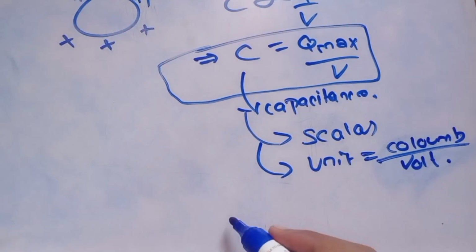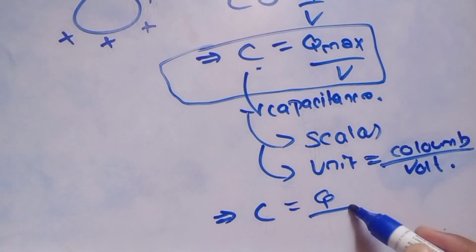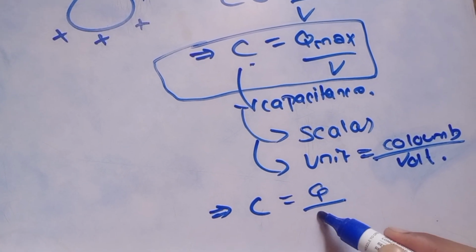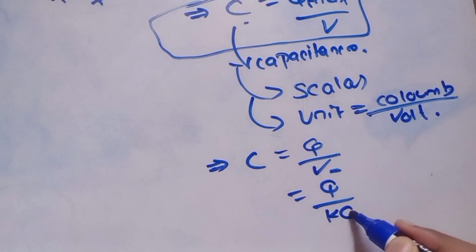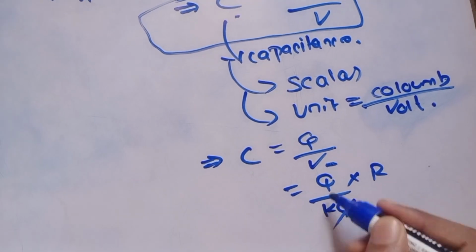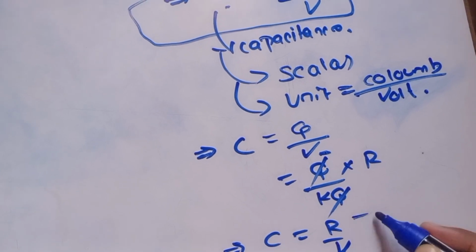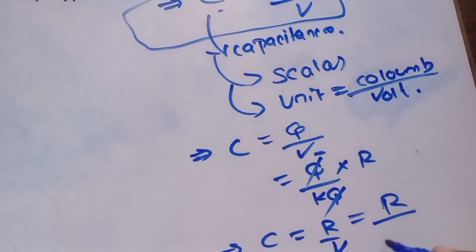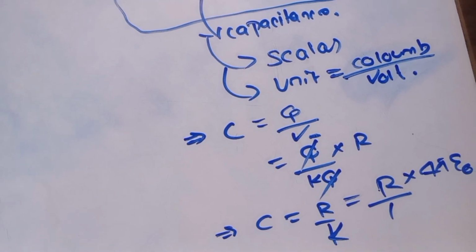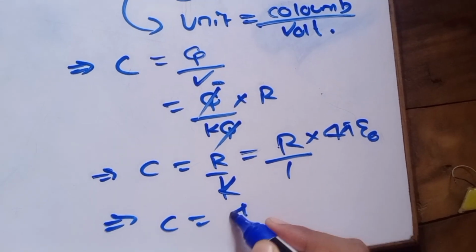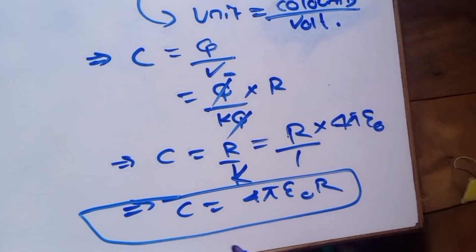Now we can also write capacitance C equals Q divided by V, where V can be replaced by KQ divided by R, so C equals R by K. R divided by K can be replaced by 1 into 4 pi epsilon naught. So C equals 4 pi epsilon naught R for a spherical capacitor.